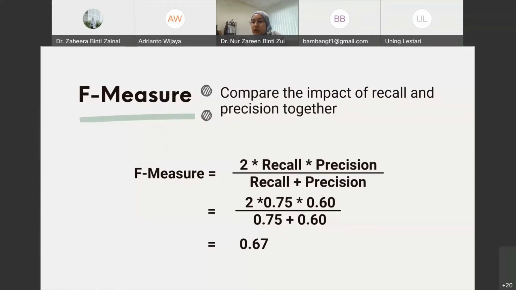When you do this F measure calculation on other types of models as well, you would be able to compare between your model and existing models to see which works better on the data set that you have, right? Compared to recall, precision, and accuracy just now, F measure is more towards benchmarking and comparing your model with other existing models.